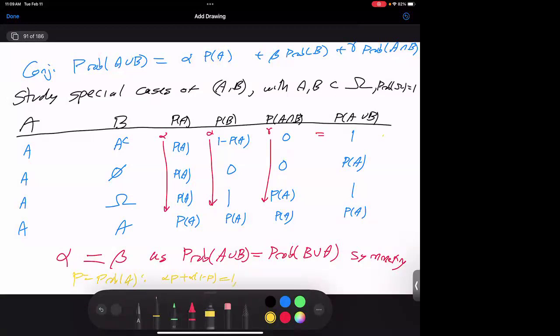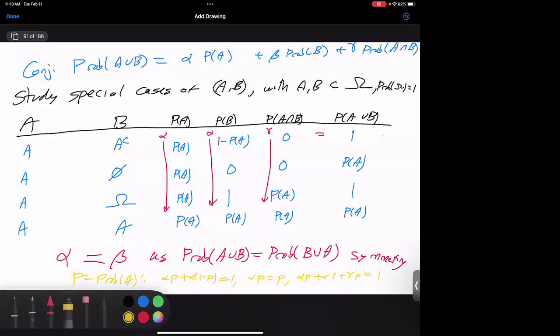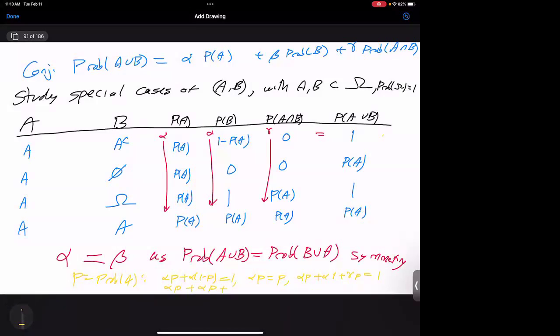The next equation is alpha P equals P. The next one is alpha P plus alpha times 1 plus gamma times P equals 1. And the last one is alpha P plus alpha P plus gamma P equals P.